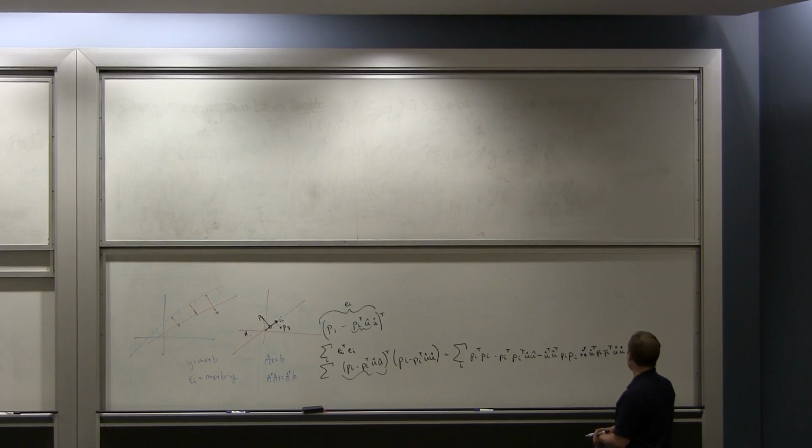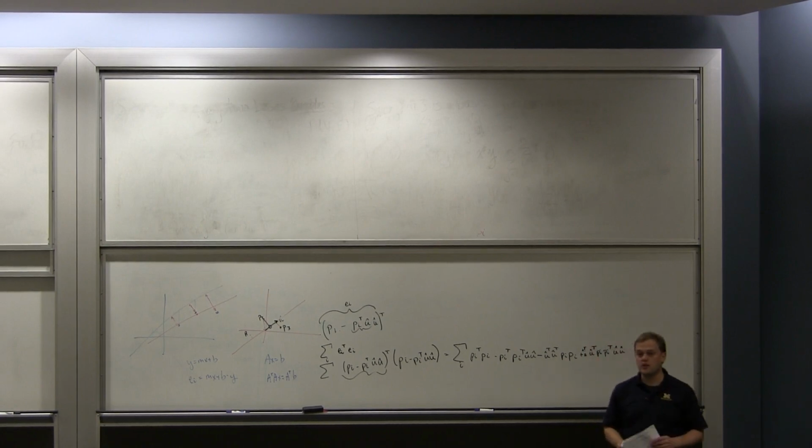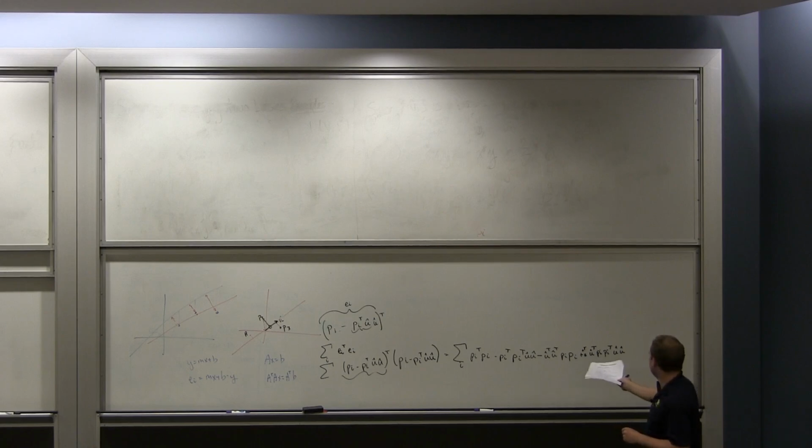Can we do any simplifications that are worthwhile? Sure. What's the simplification that we can do? Say it again. u hat is? Well, the magnitude of u hat is 1, but the vector itself isn't 1. Do we have any expressions in here where we're computing the magnitude of u? I don't see one.